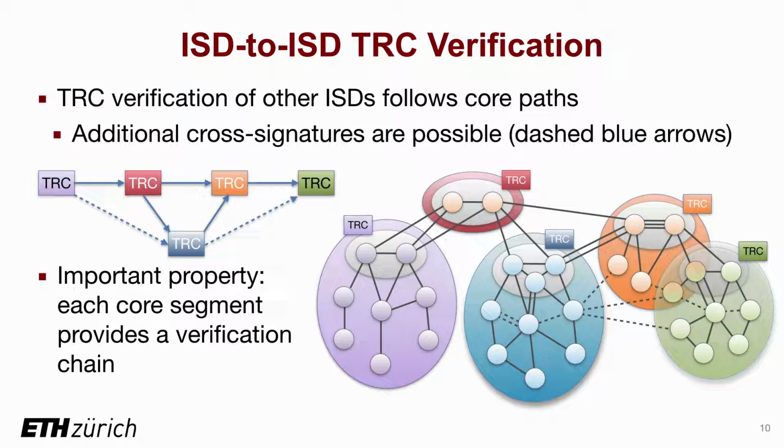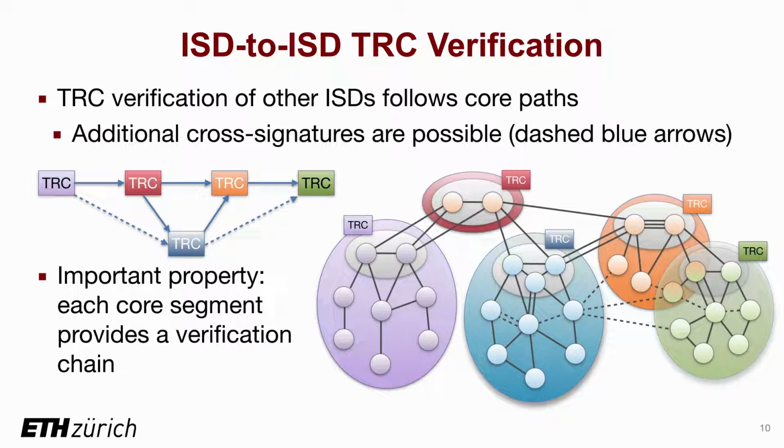The TRC verification essentially follows a core path. In this example, we have the purple ISD and the path all the way to the green ISD. And in this case, we have two different paths, one going from purple to red to orange to green, and one also taking a detour through the blue ISD.